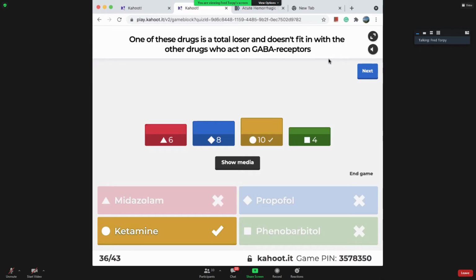Ketamine, what's our mechanism of action? NMDA receptors. Okay. Yeah, so it's going to bind to NMDA receptors. And does it agonize or antagonize? Antagonizes. So NMDA receptors normally get bound by glutamate, which is an excitatory neurotransmitter.